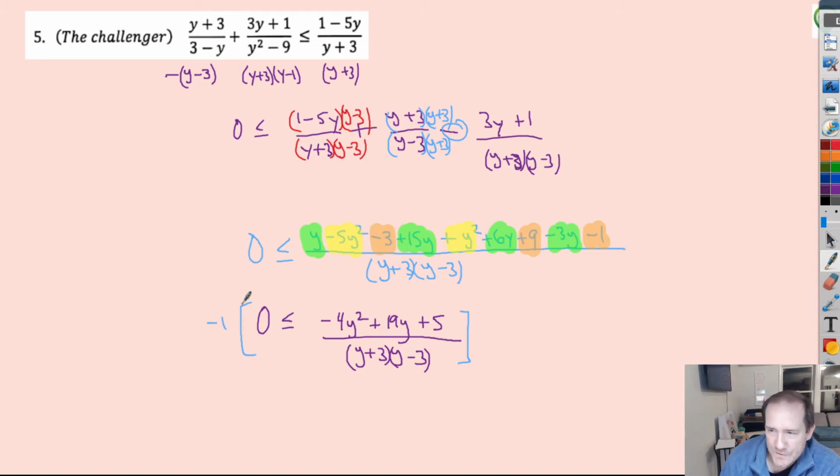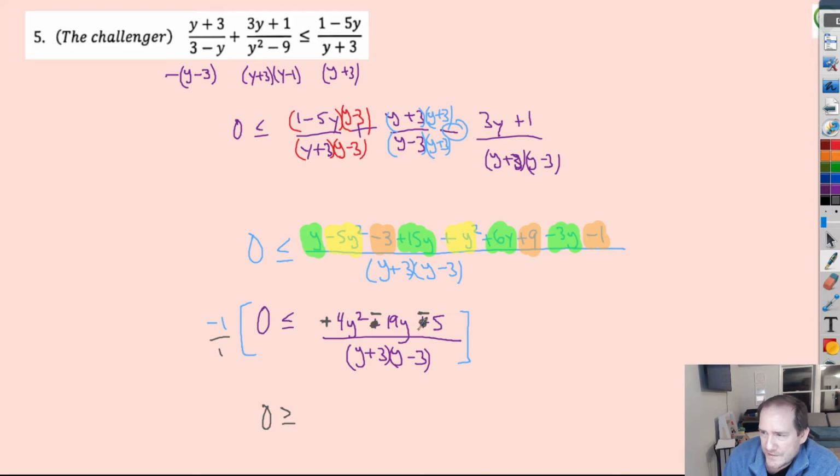This thing's just always negative. So the whole thing's going to flip just to make it easier to deal with. So we're going to go 0 is greater than or equal to, and now we get a positive leading coefficient now. But this sign will change, and this sign will change. Right? Nothing in the bottom changes because we're really just multiplying by negative 1 over 1. So the negative, as it distributes through the numerator, doesn't disturb anything in the denominator.